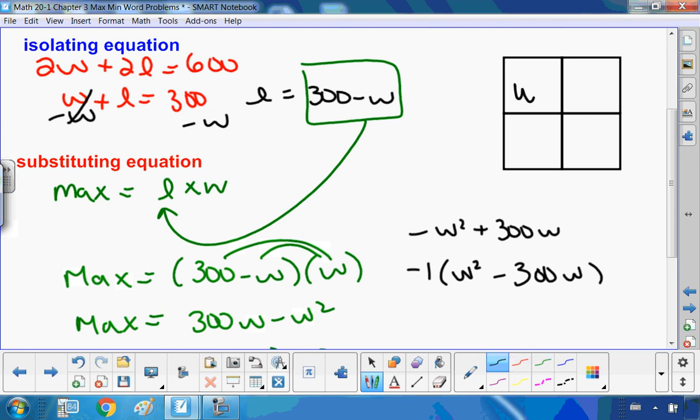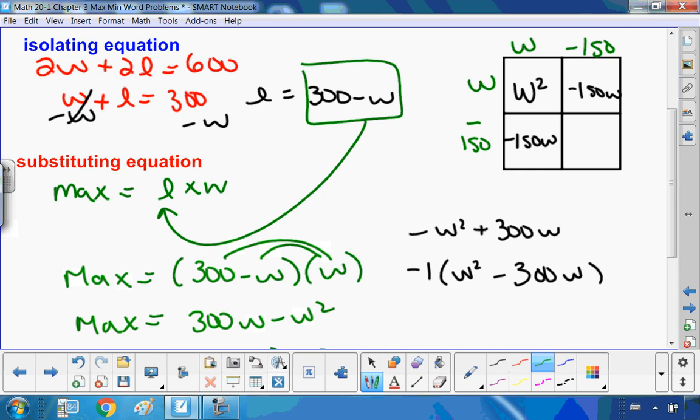So W squared goes here. I take negative 300W and I divide it into 2 equal pieces. And I know that this is going to factor as W, negative 150, W, and negative 150.